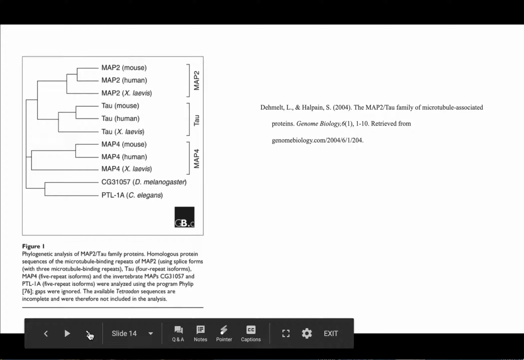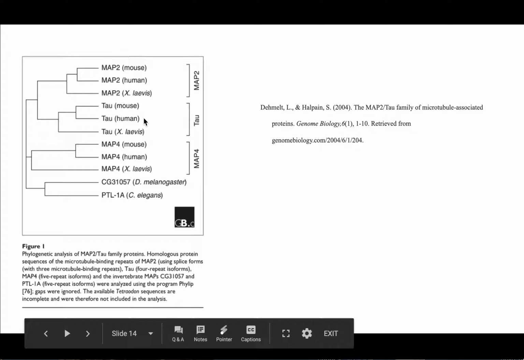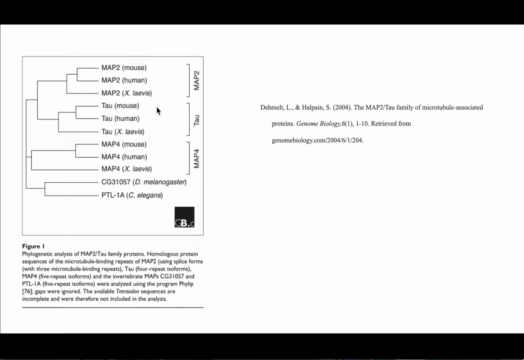So here it's showing you the layout, with tau, mouse, human; we have very similar homologies genetically. But then down here, they're starting to show that this PTL1A and the CG31057 are also a part of this isoform tau-like homology, and are viable within the research community.